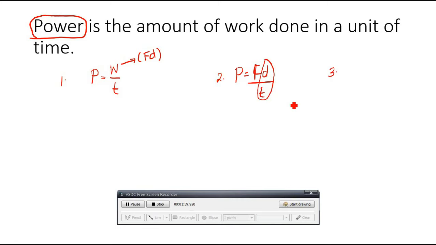If you recall our previous topic, we know that d over t is the formula used to solve for one quantity, and that is your velocity. So we can also say P is equal to F times d over t, or velocity. So these are the formulas that you can use for power.